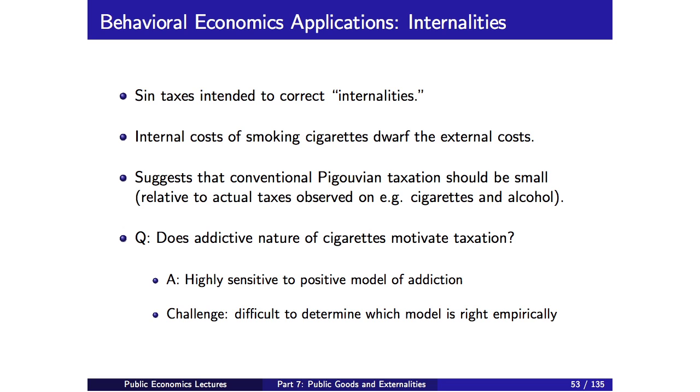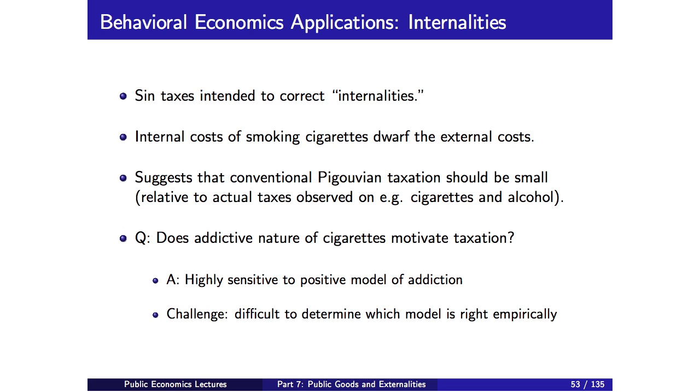So the simplest example would be sin taxes. So things like taxes on cigarettes or alcohol, which we might think are there to raise revenue, so that would be the Ramsey perspective. But there might also be a Pigouvian perspective, not just that secondhand smoke might have a cost for other people, but that you might actually be hurting yourself, right?